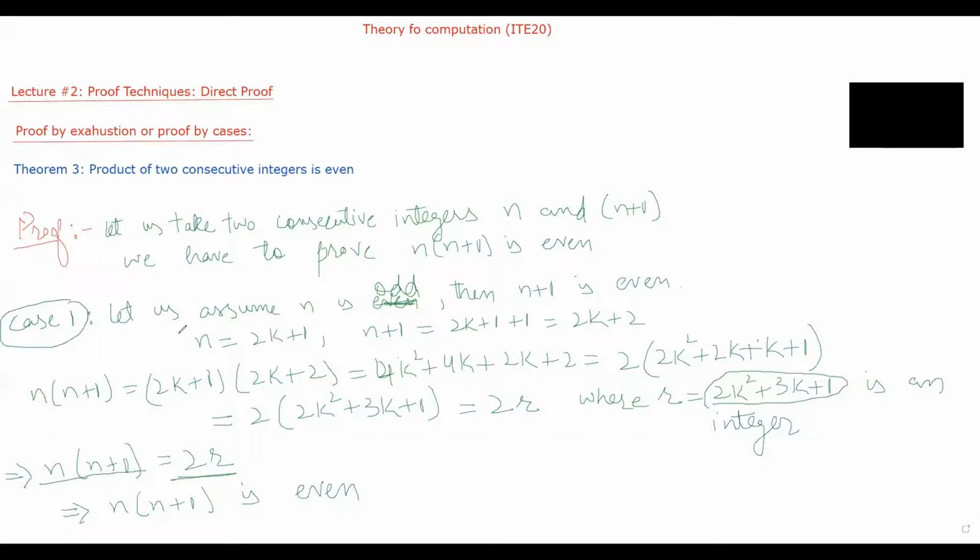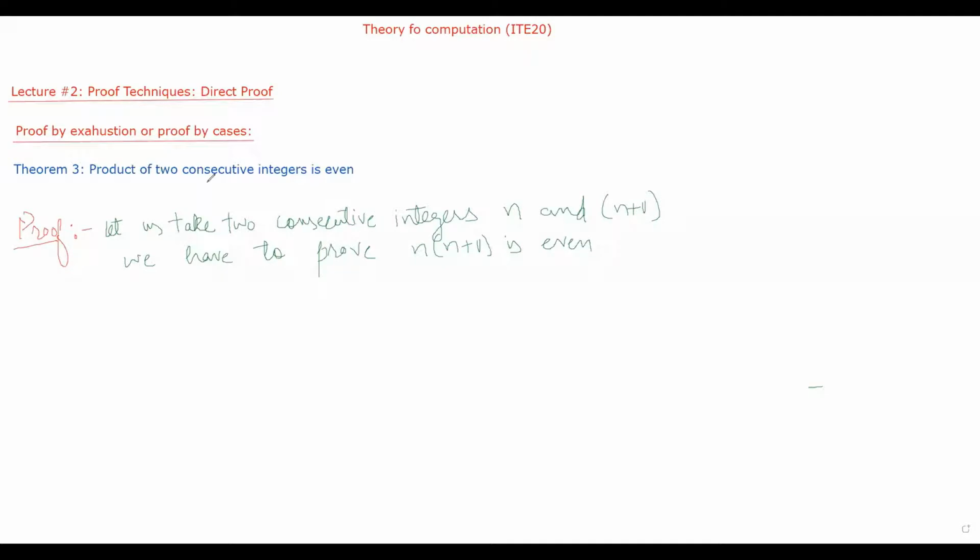What was case 1? Case 1 was when we assumed n is odd, and we proved that the product of n and its consecutive integer is even. Now let's take the second case. The second case will be, let's assume n is even. So let's take case 2.